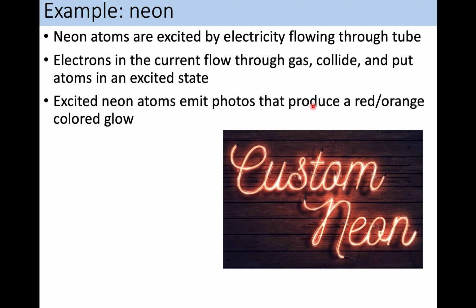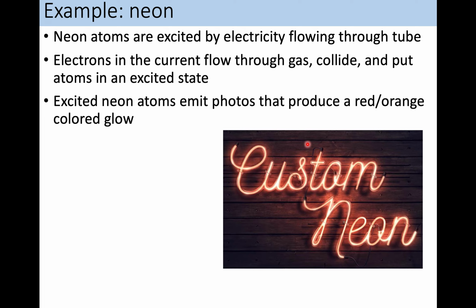So let's think of an example, the element called neon. Neon atoms can be excited when they are in a tube. You can put some neon atoms into a glass tube, like this person did here, and excite them by pumping electricity through the tube.